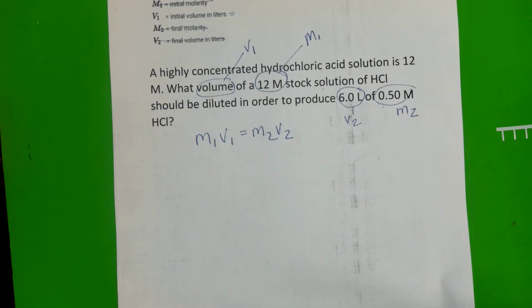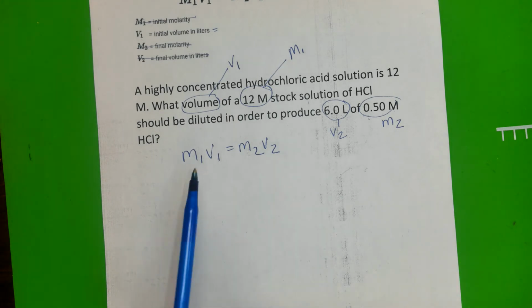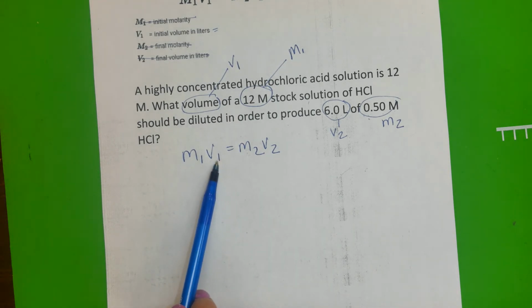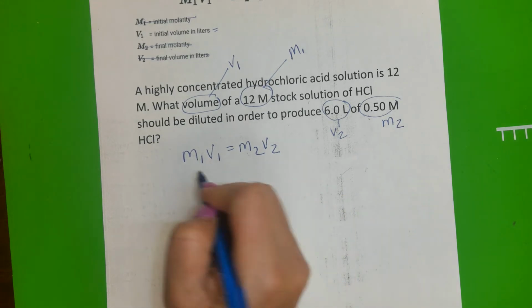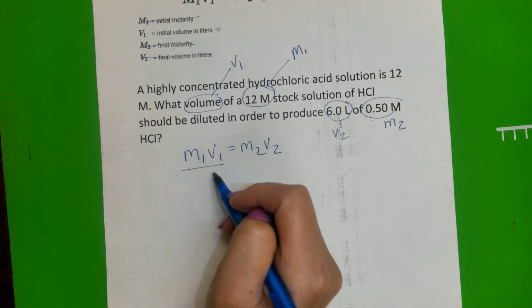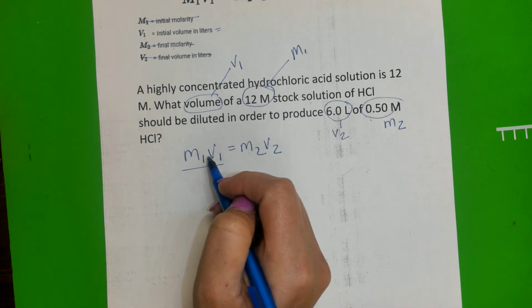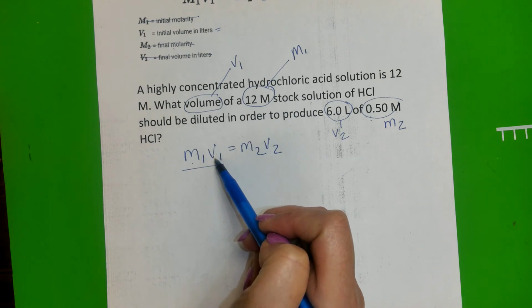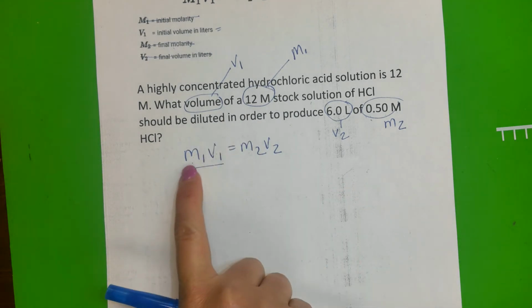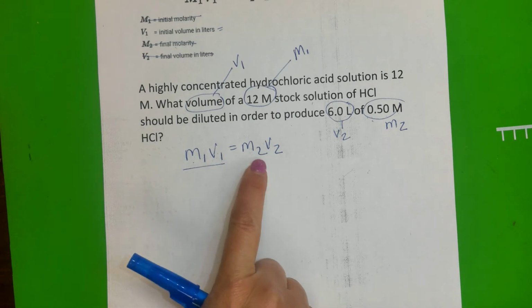Okay, so now we need to have this by itself. It's very much the same as the last problem. Since this is multiplying, really you just divide. You always do the opposite of whatever math is occurring there. Remember, V1 needs to be by itself on this side, so M1, we have to move it to the other side.